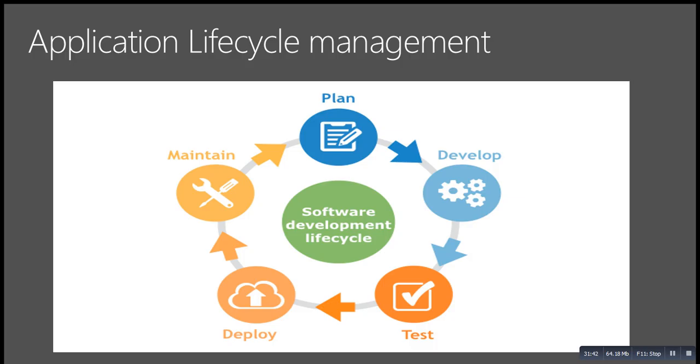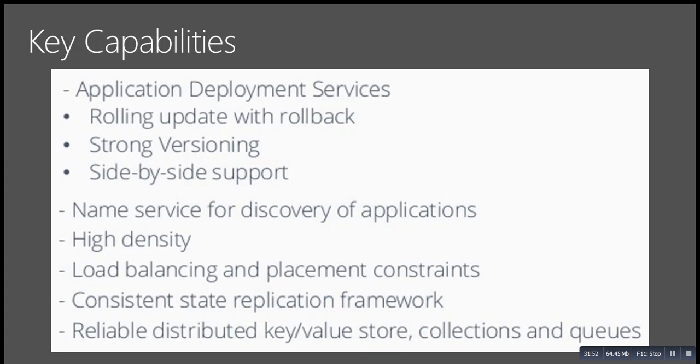So in this introduction, I would like to summarize the key capabilities. Application deployment services: we have seen rolling update with rollback, strong versioning, and side by side support, so you can run different versions of the same services.